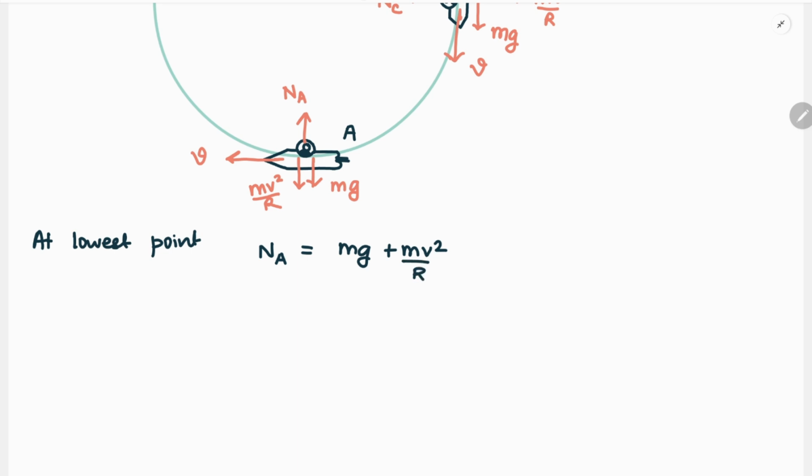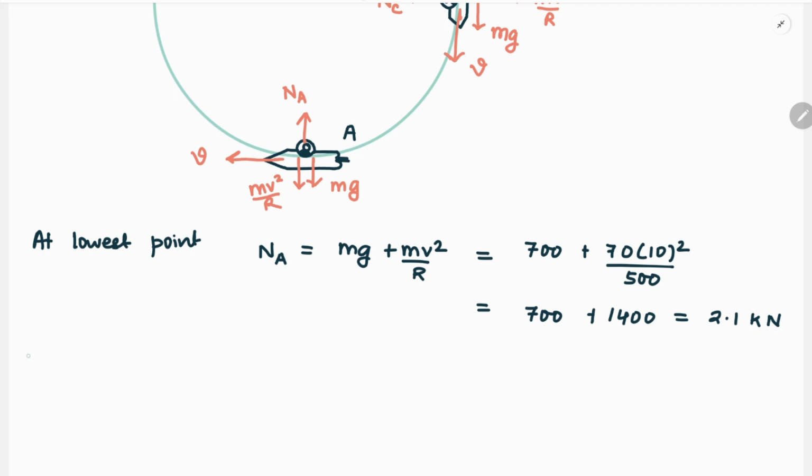On solving this, we obtain 700 Newton plus m v square, that is 70 times 100 square upon r, 500. So over here we have 700 plus 1400, giving 2100, and this can be written as 2.1 kilonewton.